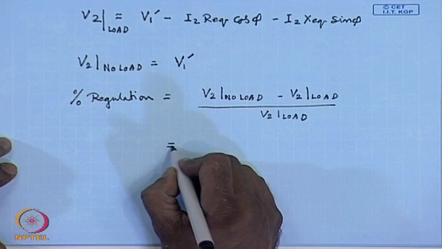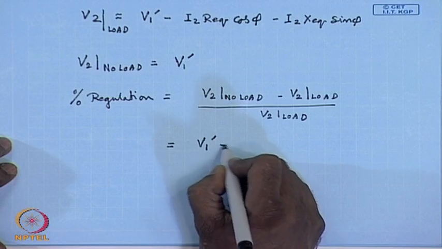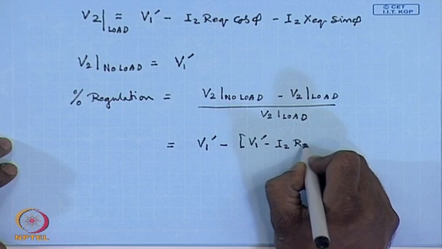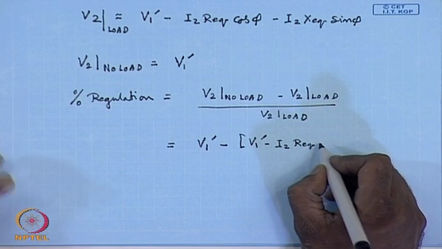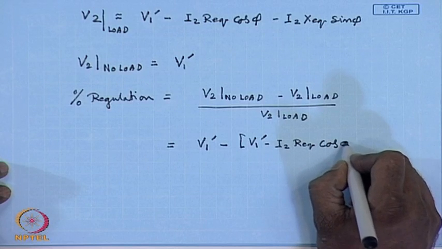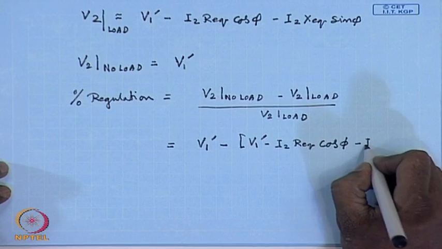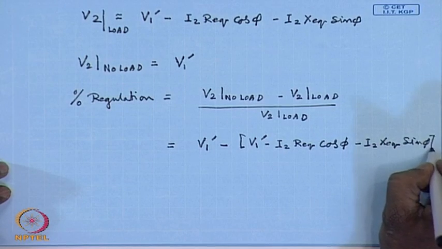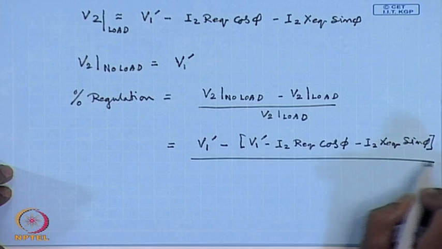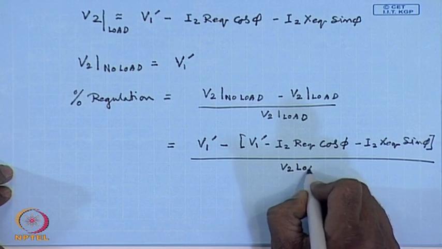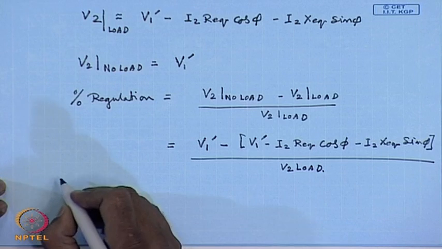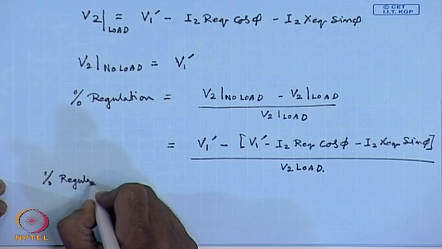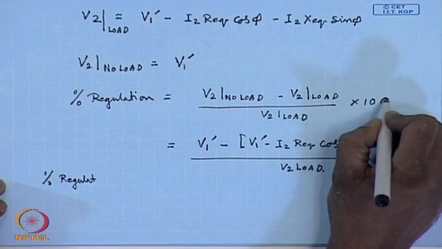Therefore, percentage regulation equals V1 dash minus V1 dash minus I2 dash Req cos phi minus I2 dash Xeq sin phi, divided by V2 at load, or percentage regulation into 100 because of the percentage.